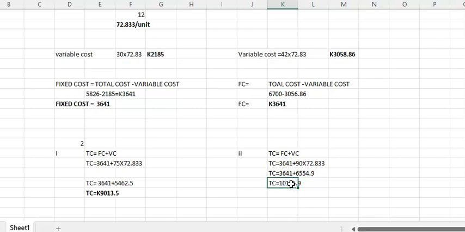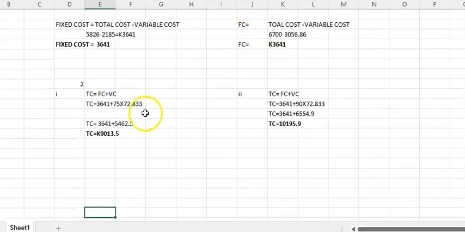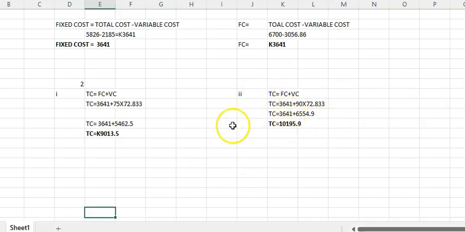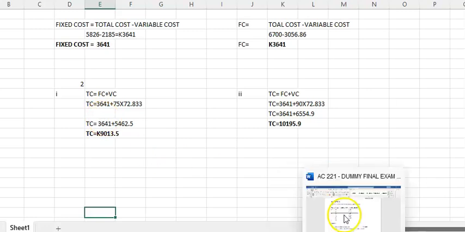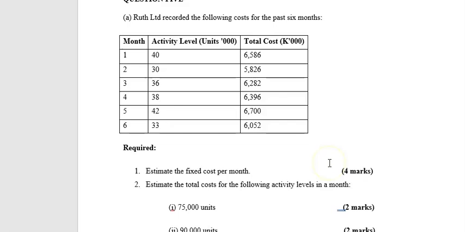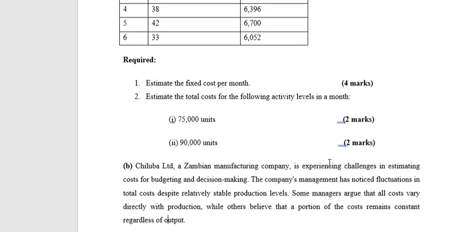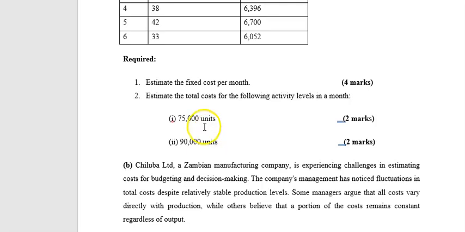So we have estimated the total cost given those different activity levels. This is what we have. That's how we can address part 2 of this question, which says to estimate the total cost at the activity levels, then we get our marks, simple as ABC.